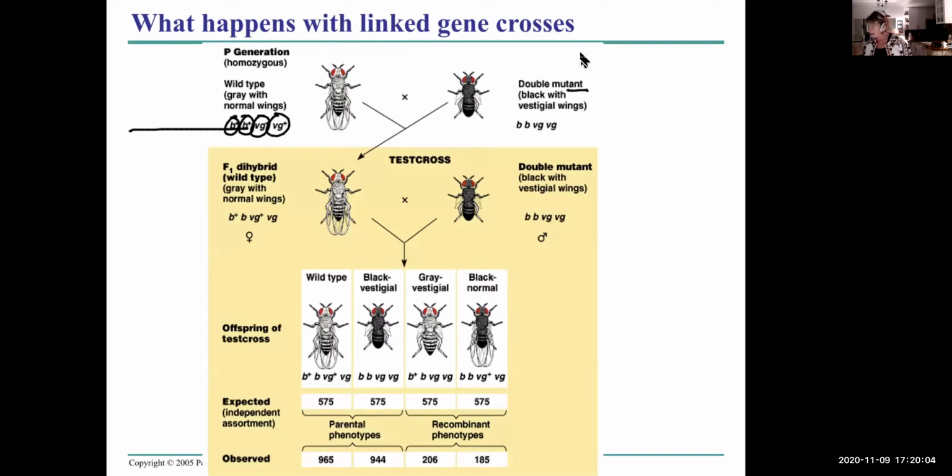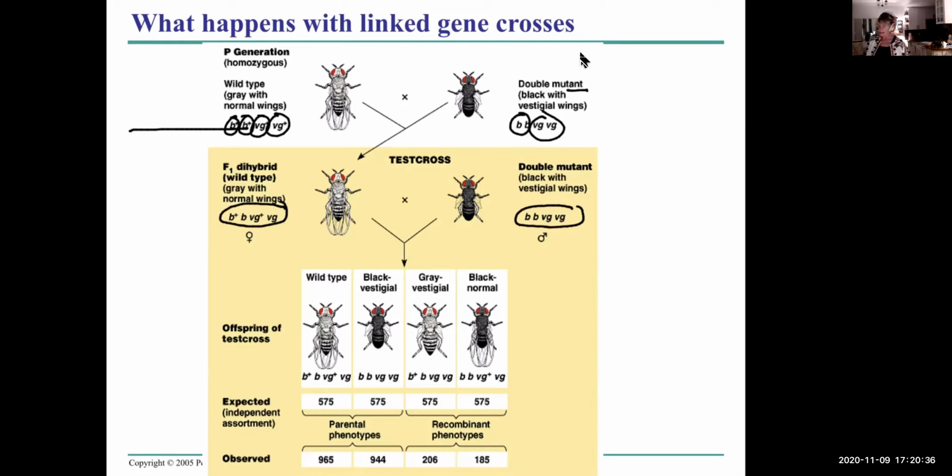The mutant is black with vestigial wings, or little small wings. So they did a test cross whereby they took a heterozygous individual and crossed it with a homozygous recessive individual. And you remember when we did that before with the flowers and the peas, you would get a fairly specific ratio in a test cross.